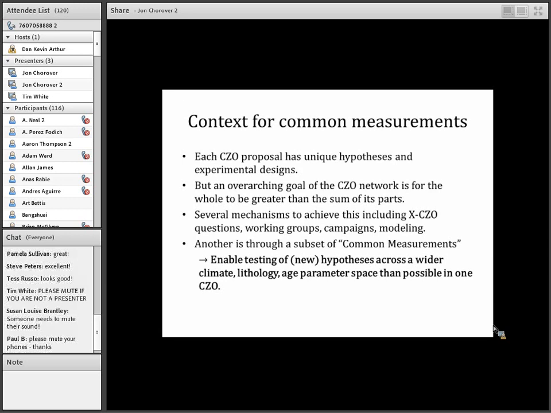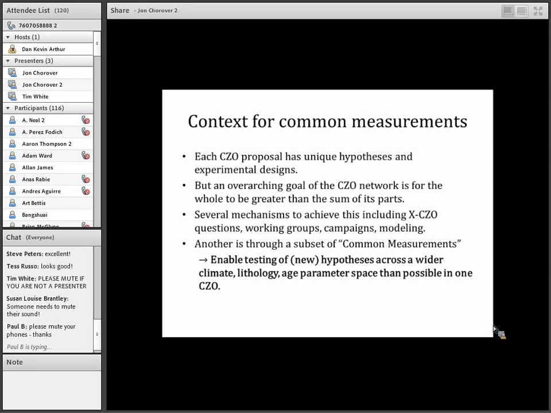So there's an opportunity for looking at critical zone architecture, dynamics, and evolution across a wide space in climate space that crosses, in some cases, a variety of different lithologies, but in some cases, constant as well.